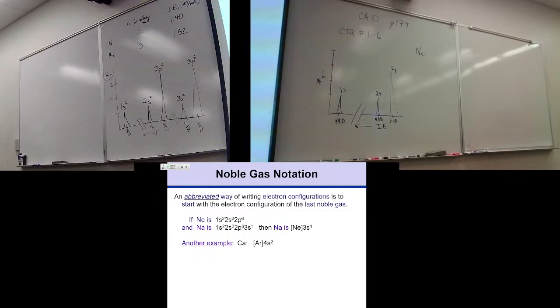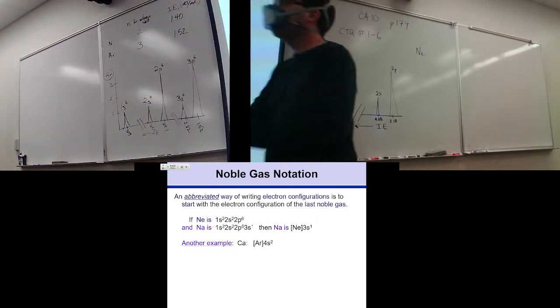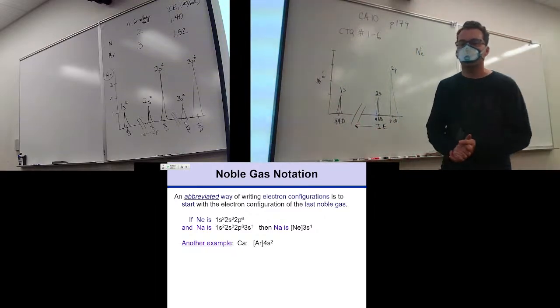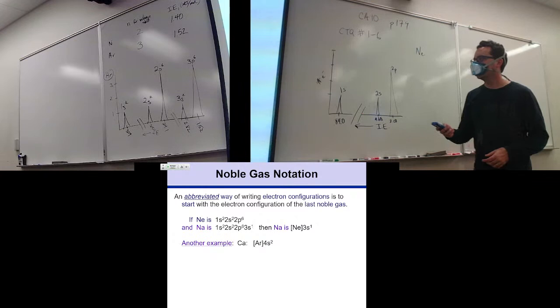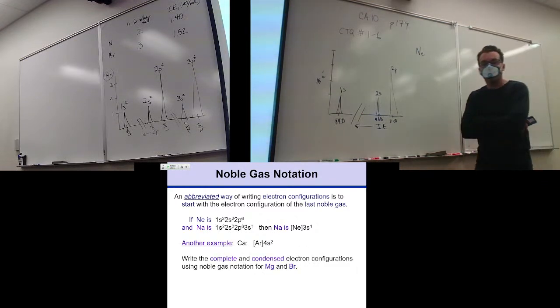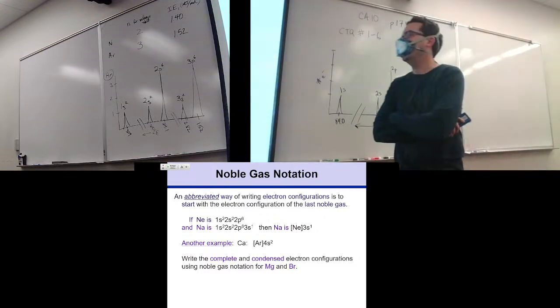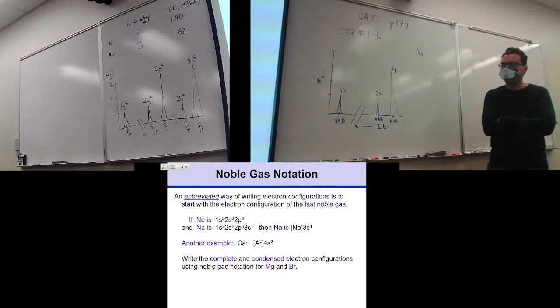That's it. 2 elements over to get to calcium. Calcium is still in the s block, so no other subshells, just the 4s subshell with 2 electrons in it. So these are also known as condensed electron configurations. So you'll see both, the full and the condensed versions.